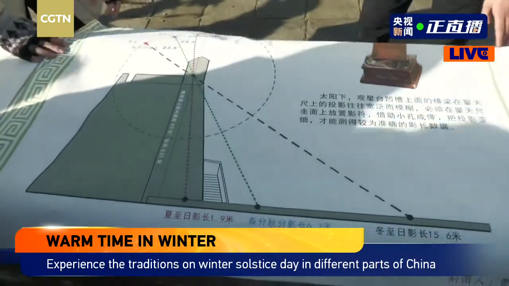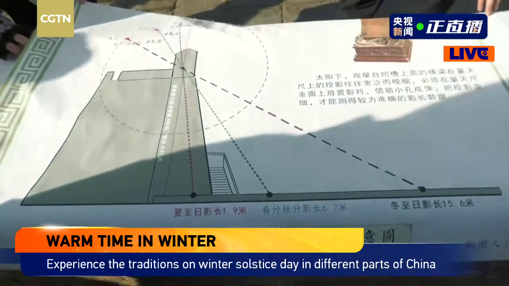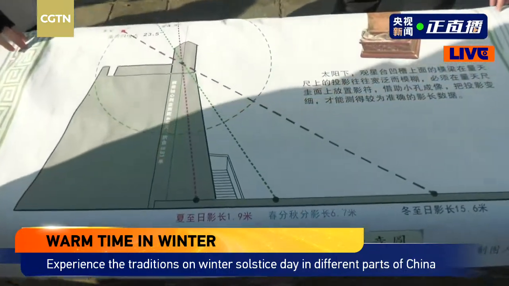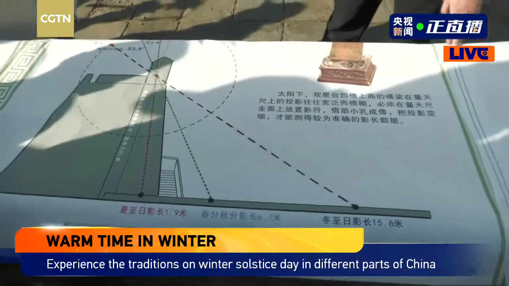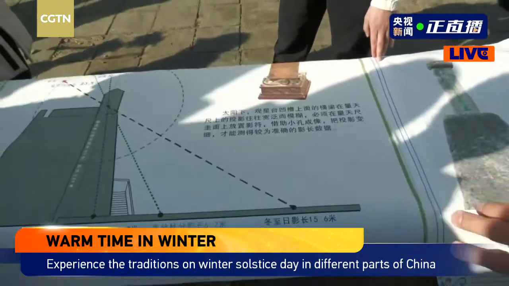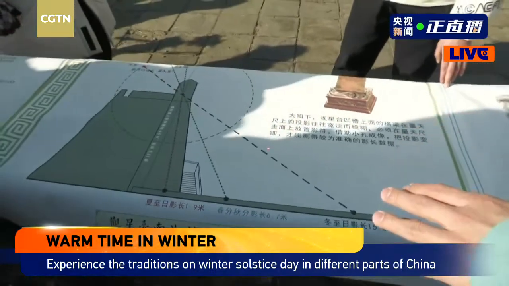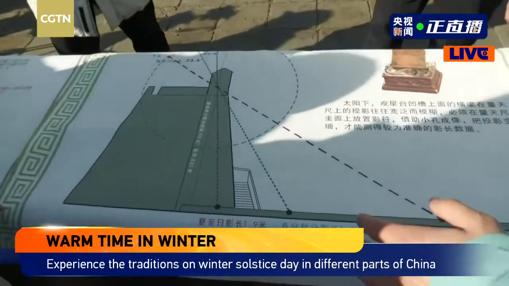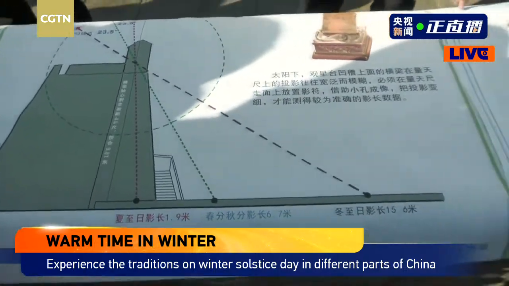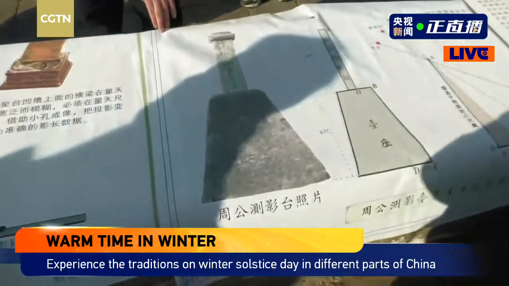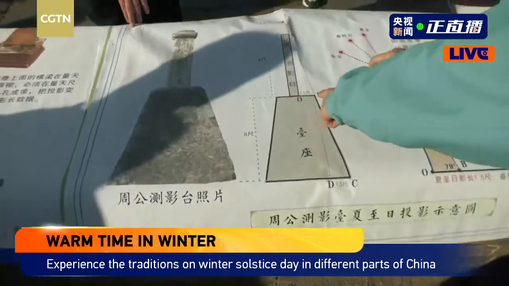So Guo Shoujing is a very famous scientist and astronomer, and he is also a great engineer in water-related projects, and he delivered many projects in Beijing, the capital of China then. So Zhougong Star Observation Platform is also one of the masterpieces of Guo Shoujing.